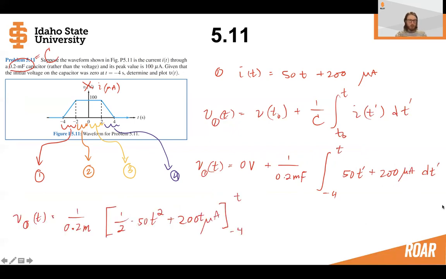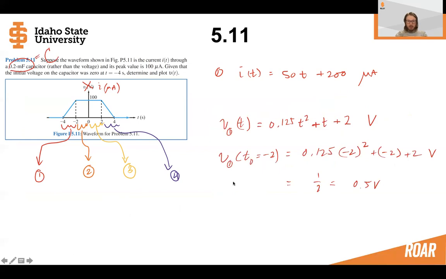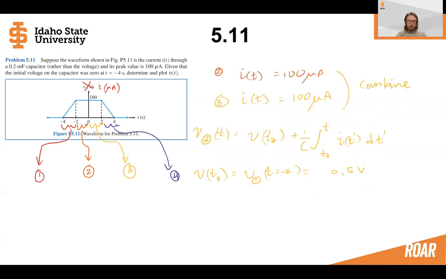Now if we work through this problem, we can find a function that describes the voltage in this first regime. At the very end, at time t equals minus 2, when we transition between these 2 areas, the voltage is going to be 0.5 volts. This is going to come up in the next part of the problem.